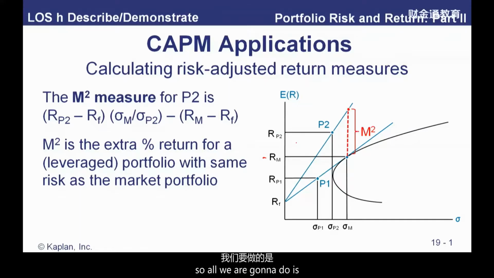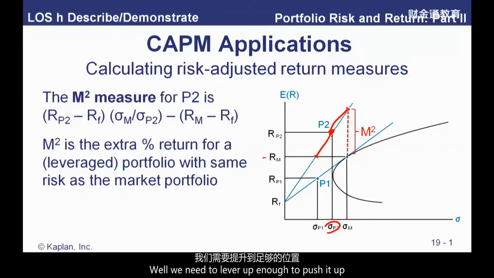So anyway, all we're going to do is take this portfolio, and remember, we could lever it down if it had more risk than the market portfolio, or we could lever it up to get up to here. Well, let's see. If the risk, the sigma of P2, is here, how much do we need to lever up, right?